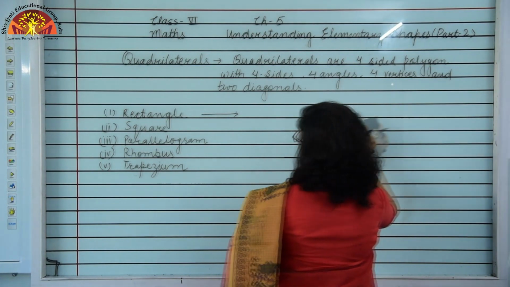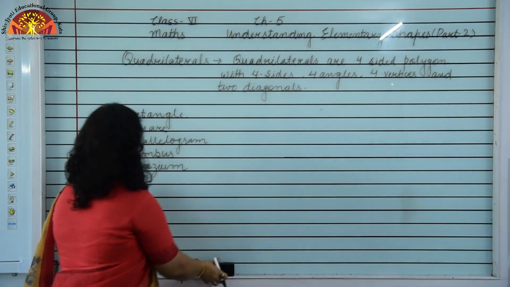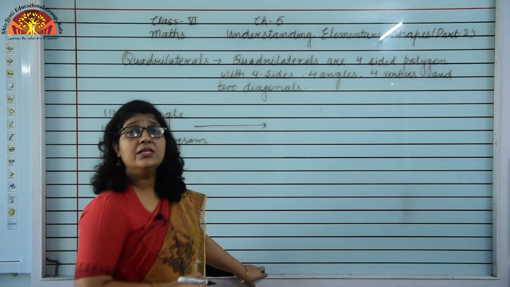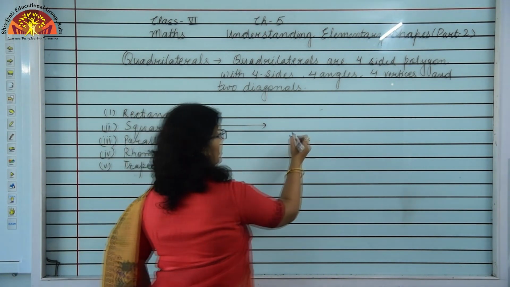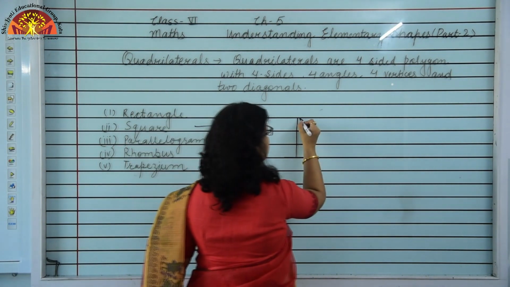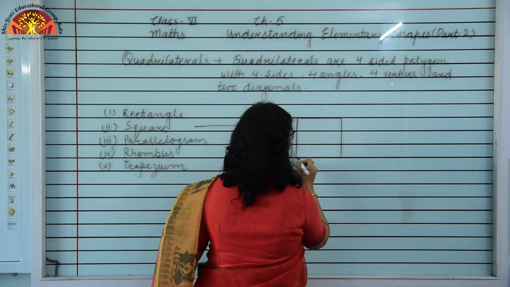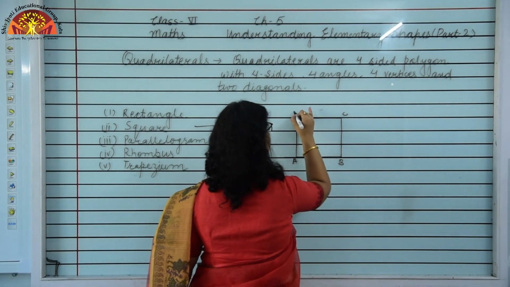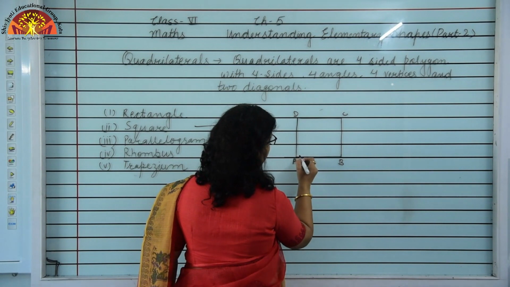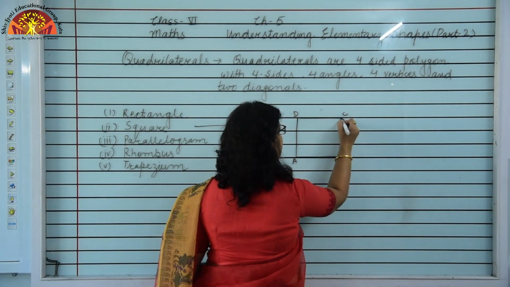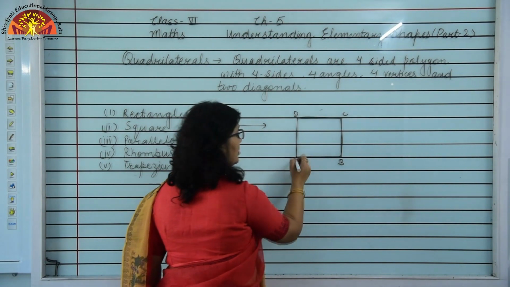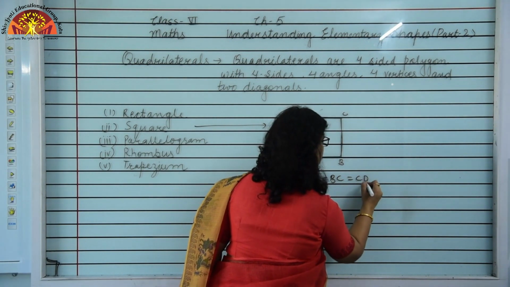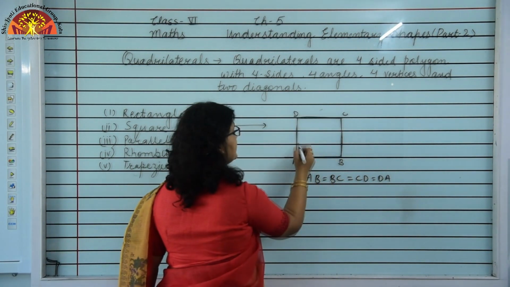Now friends, the next type of quadrilateral is the square. In a square, all sides are equal, and all angles are also equal. This is A, B, C and D. So in this quadrilateral, AB is equal to BC is equal to CD is equal to DA. Means in a square all sides are equal, and angles are also equal.